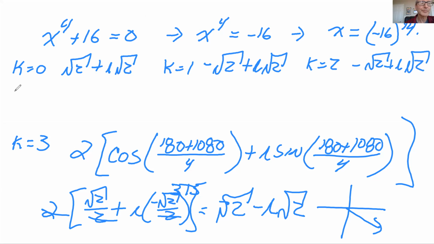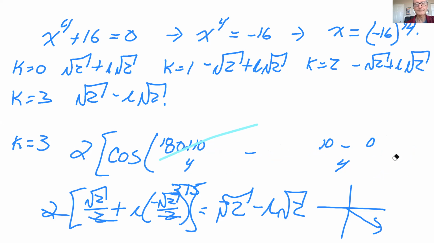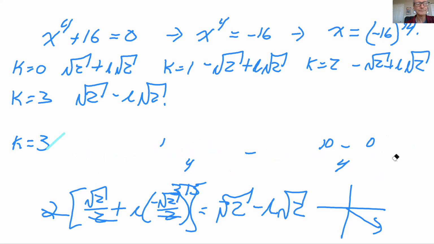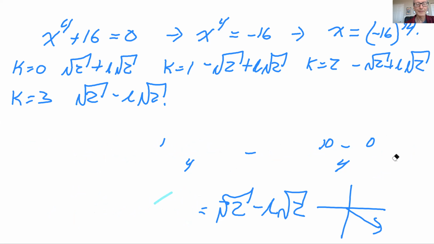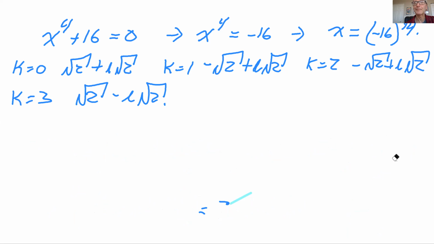And the fourth root would be when k equals 3. It would be square root of 2 minus i square root of 2. So if you would take any one of those numbers to the fourth power, the answer would give you minus 16. So that is really kind of the strategy with regard to that.